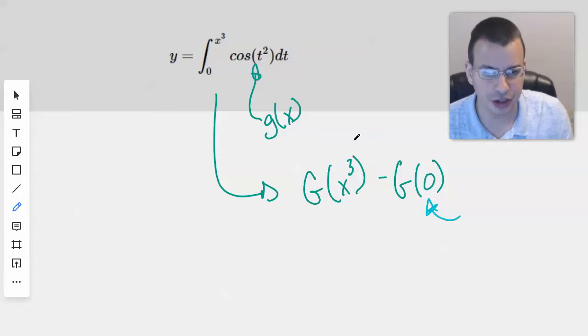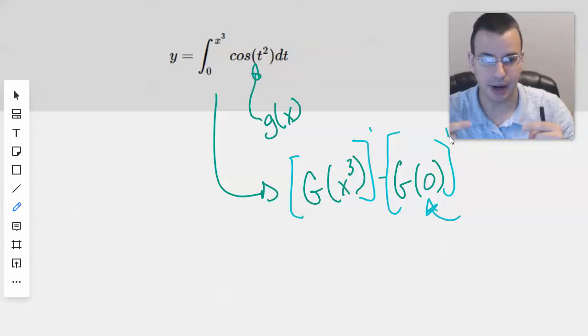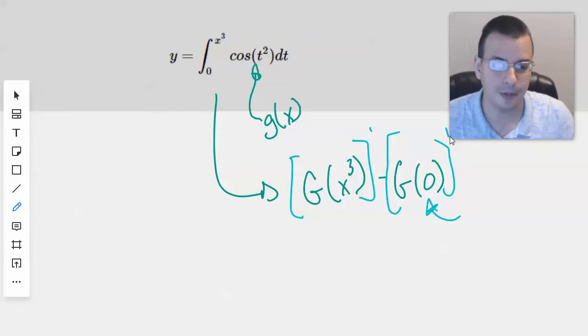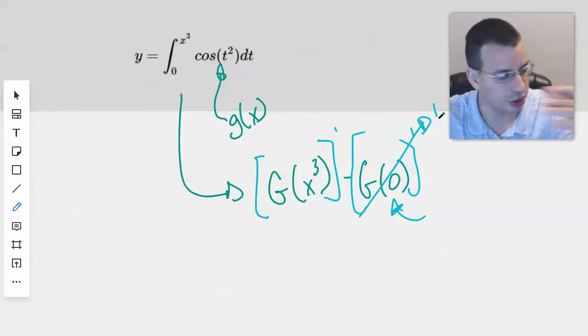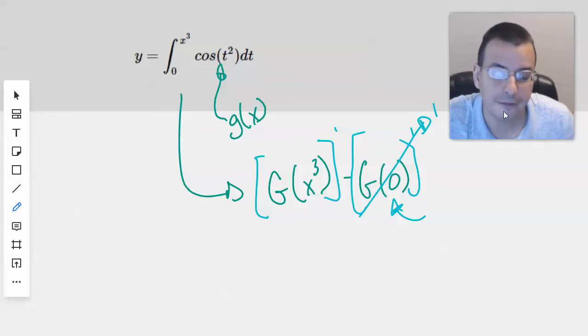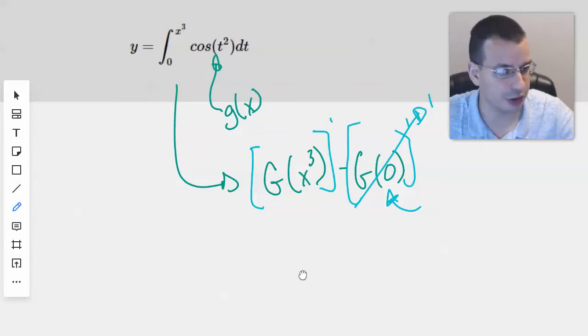Since we want the derivative of the whole thing, and they're separated by a minus sign, we can take the derivative of each. The derivative of a constant will be 0, whether it's 2 or 3 or 12. The derivative of 12 is just going to go to 0.